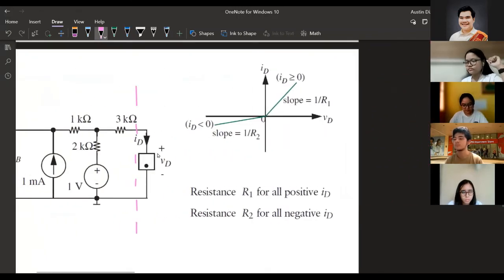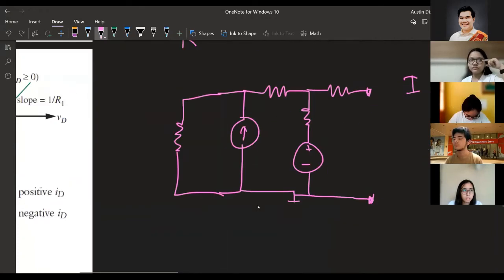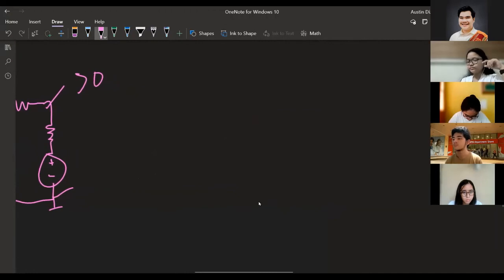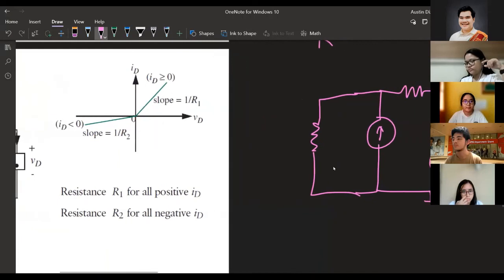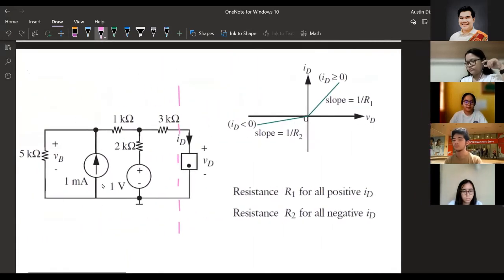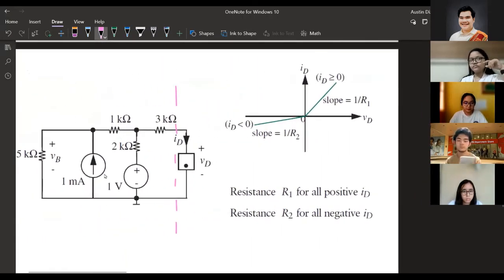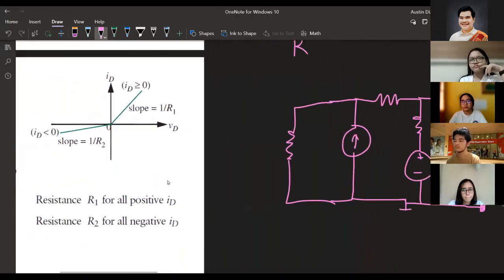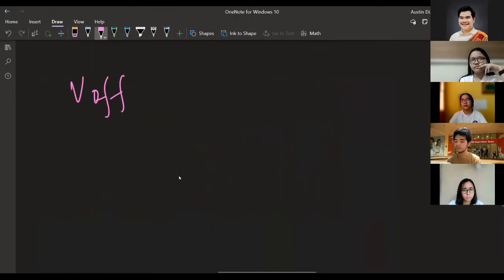Kasi gusto ko lang na malaman kung paano yung current dito. When I know the current here, malalaman ko kung anong resistance niya. And then, next one is patayin ko yung voltage ko. Ang resulting values here would be resistance.